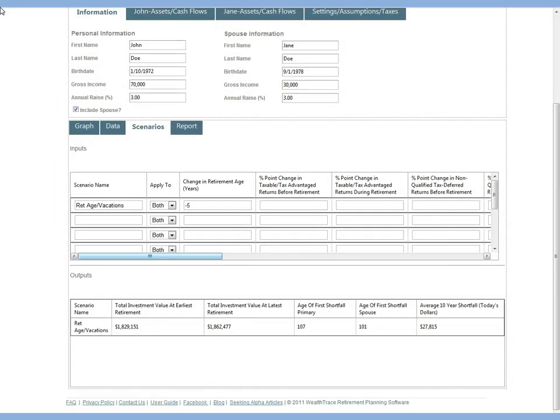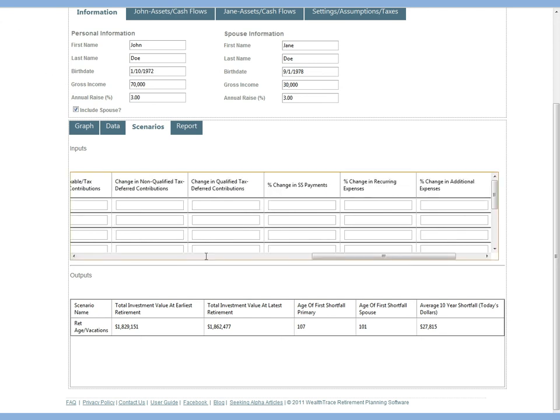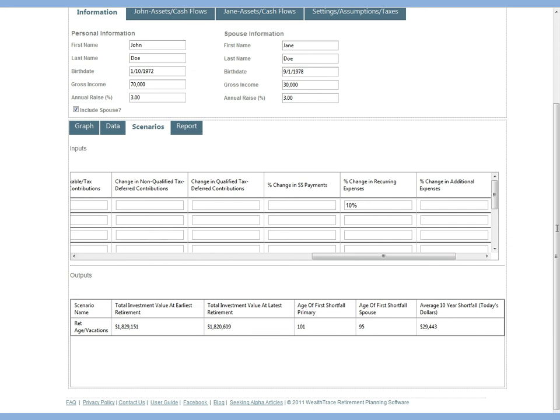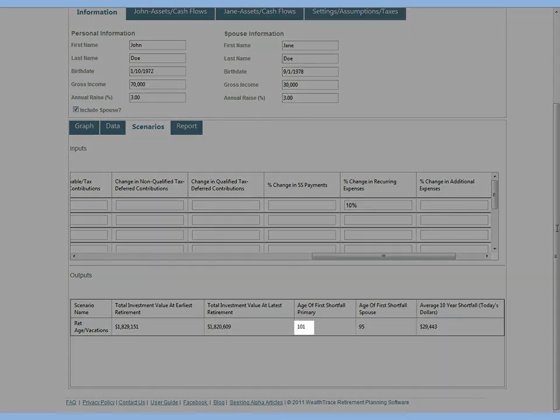What else can they do to enjoy their newfound wealth? They can increase how many vacations they take in retirement. Let's start by seeing what happens if they increase their expenses in retirement by 10%. John still doesn't run out of money until he's 101 years old.